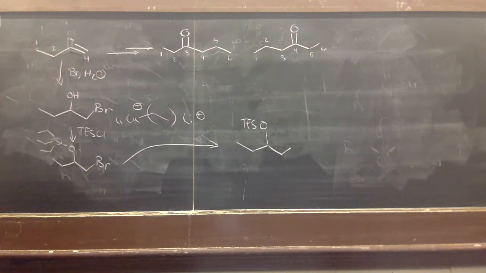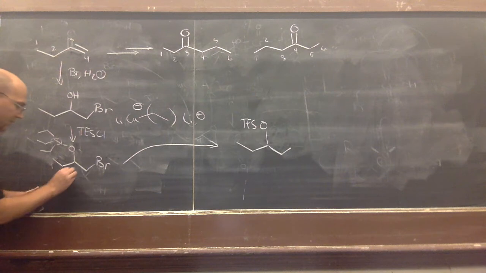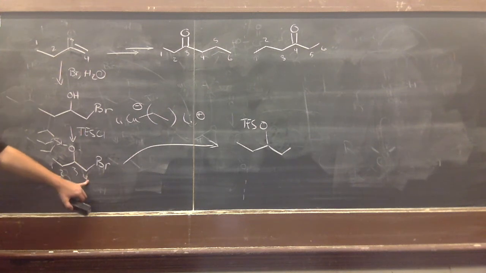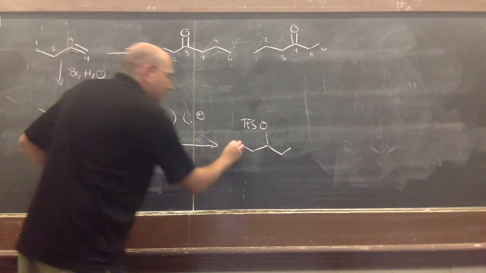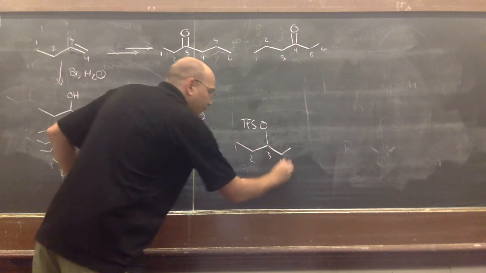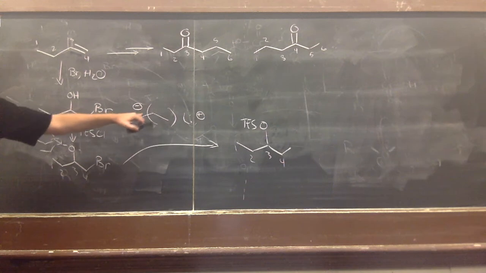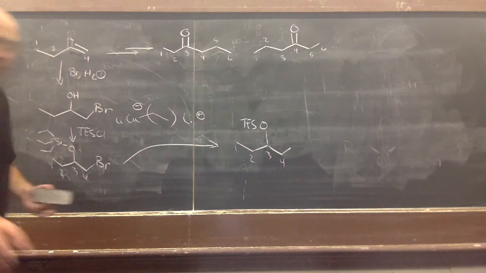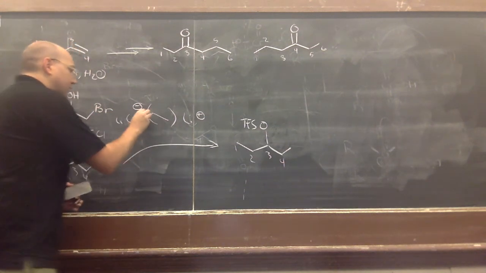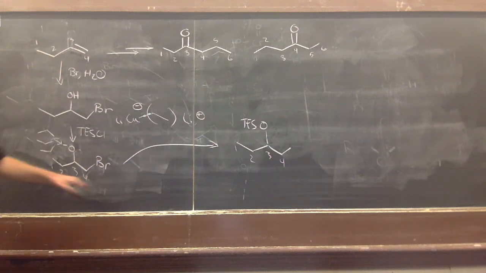So again, this is where you've got to be really careful because you're building carbons here. I would urge you all to pay very close attention here because this is where mistakes can be made when we start growing alkyl chains. 1, 2, 3, 4, and you can even number them if need be. So 4 is where the electrophile is. These electrons are going to displace that bromide.